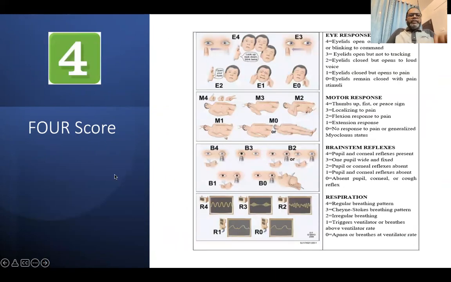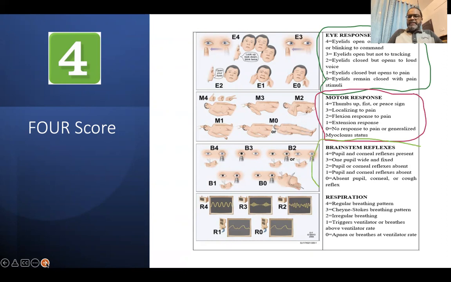Now we are coming to the FOUR score. The FOUR score has four components of scoring, which include eye opening, motor responses, brainstem reflexes, and respiration.